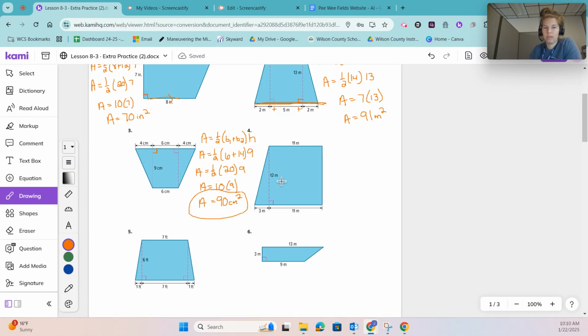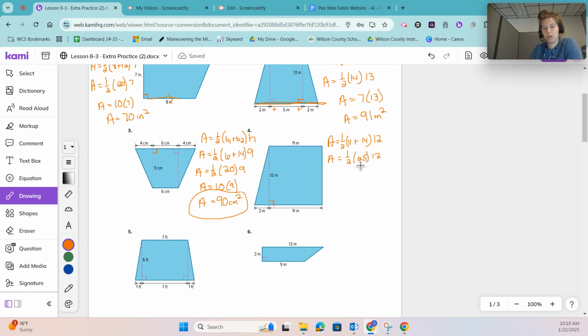This one's just a little bit different. Still, that height is perpendicular to the base. Okay, so base 1 is 11, base 2 is going to be 14 here, and the height is going to be 12. Okay, area equals 1/2. 11 plus 14 is 25 times 12.